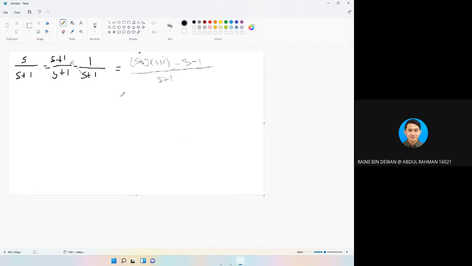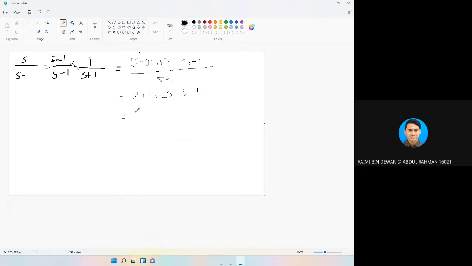Then you have s squared plus 2, because it's 1 times 1. Then you have 2s minus s minus 1.